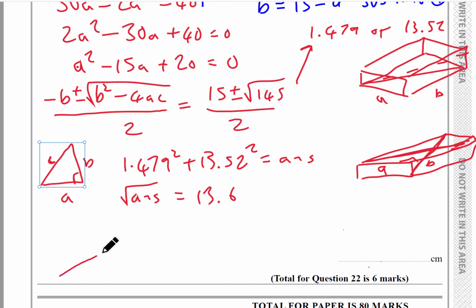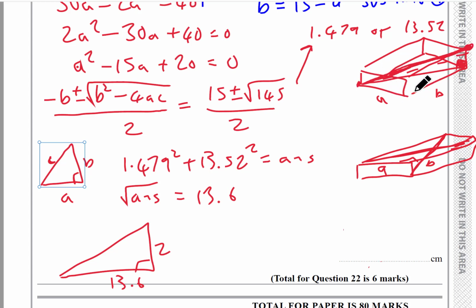So essentially inside that cuboid we've got 13.6 and 2, and we do the same thing again, because I'll show you here, that's the right angle there, and we're trying to find the diagonal that goes across from this top corner to this bottom corner.